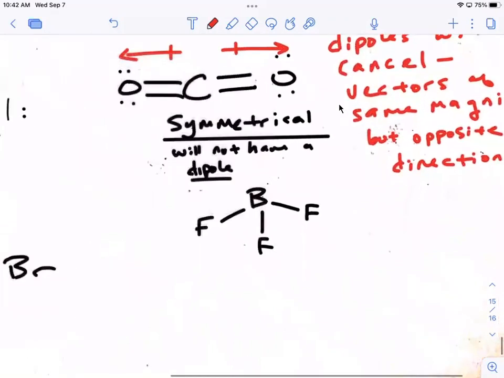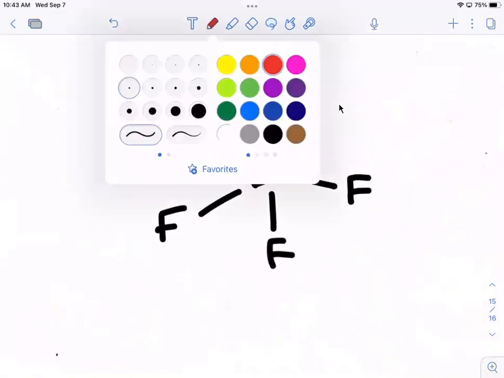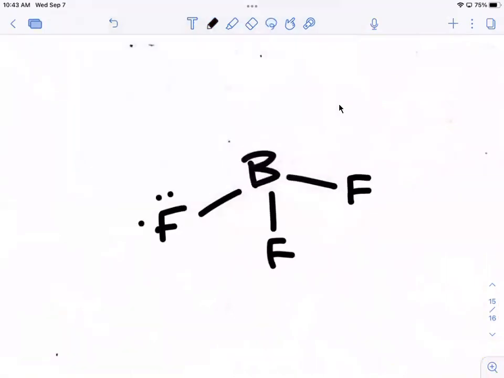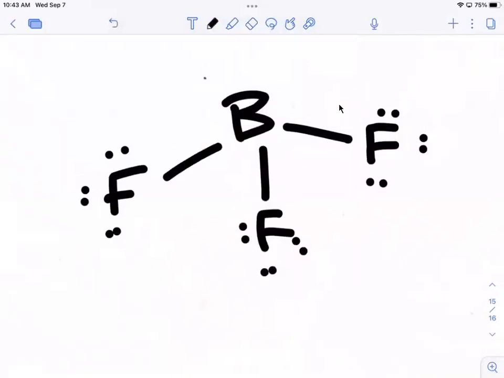All right, let's look at BF3. What do you think about the dipole between boron and fluorine?